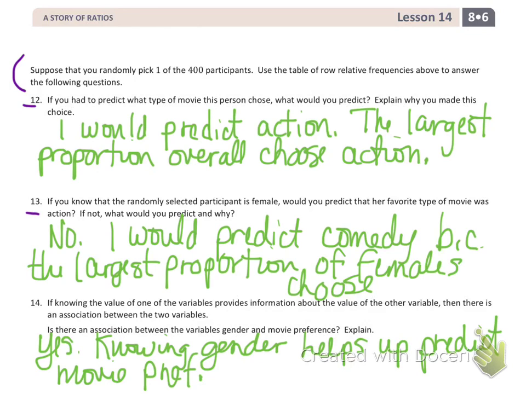Okay, and additionally, the reason I know that is because the row relative frequencies are different. Okay, so it's the mathematical way of knowing that there's an association. It's not just my opinion. There's a mathematical way of showing that association by looking at those relative frequencies.